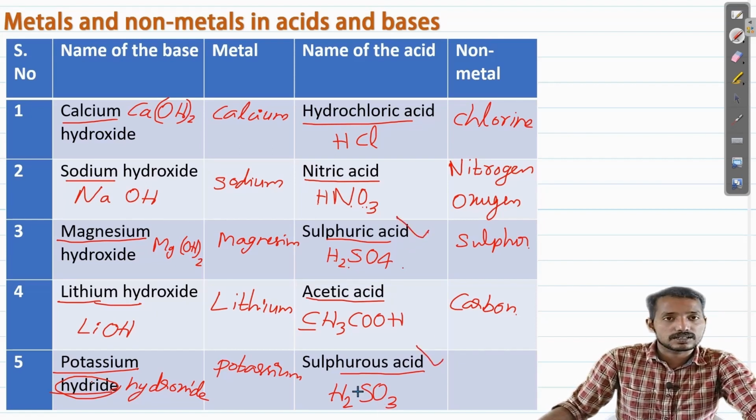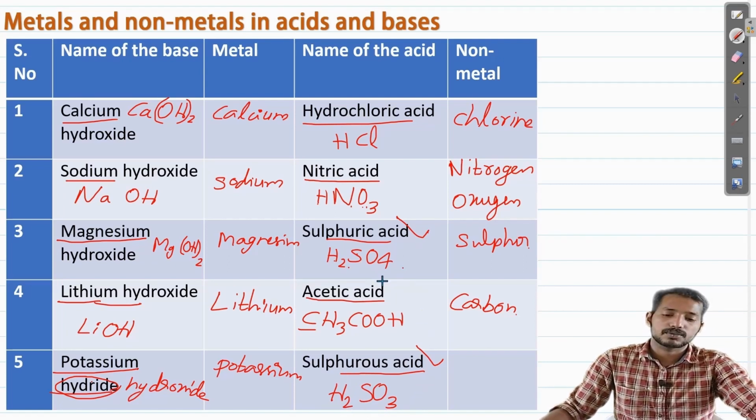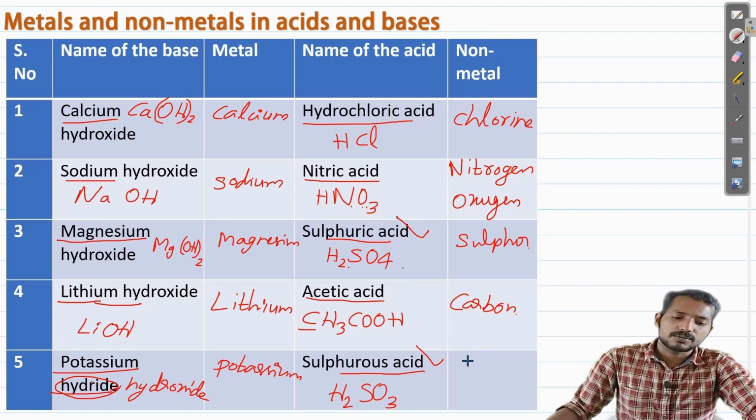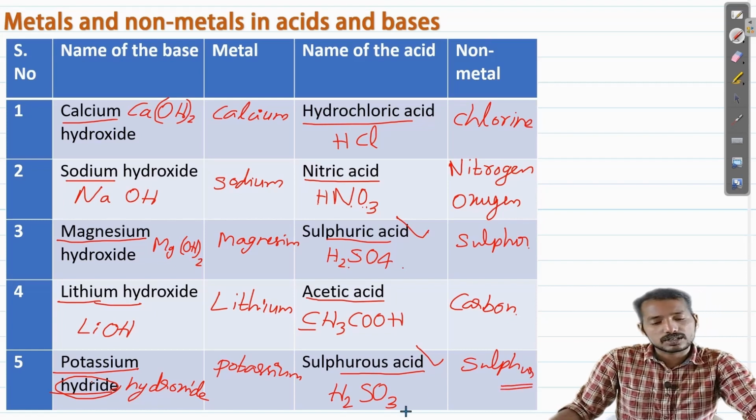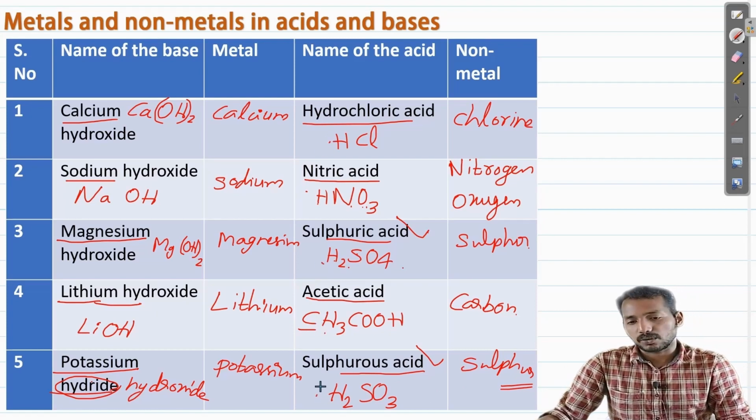Sulfurous acid we already discussed, that is H2SO3. Only 3 oxygen. Here it is 4 oxygen. Clear? So that is different. Here sulfur is the main non-metal. Clear? Oxygen is also non-metal. Hydrogen, you can see that hydrogen is common in all the acids. Clear? That is very important.